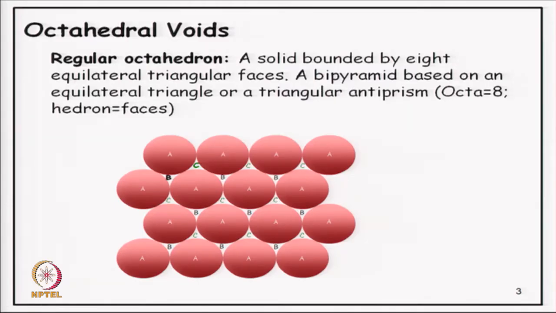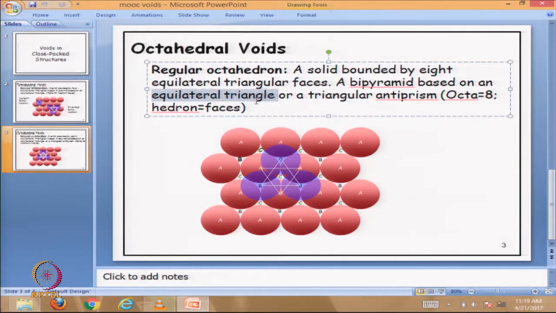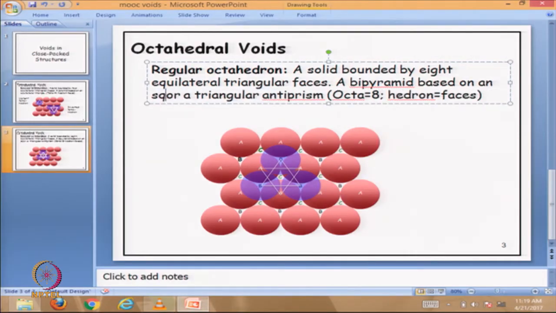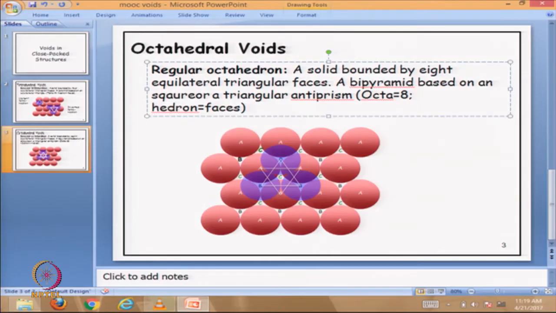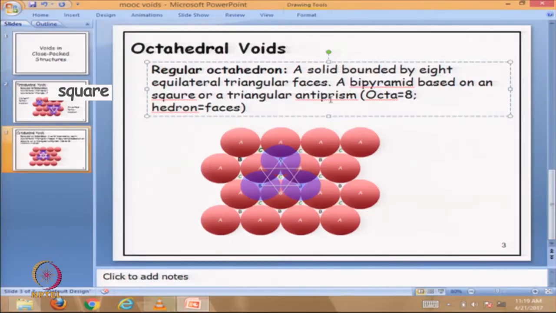Let me fix this: it is a bipyramid based on a square, not an equilateral triangle. So, it is a bipyramid based on a square.